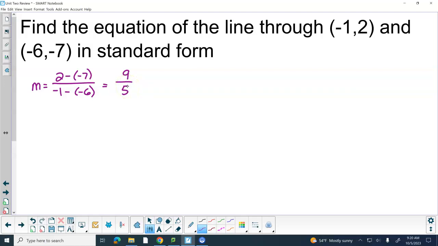Okay, so that's the slope. Again, using point slope form, or if you use y equals mx plus b to find b, that's fine. We go y minus 2 here. It doesn't matter which point I use, actually. That's going to equal 9/5.